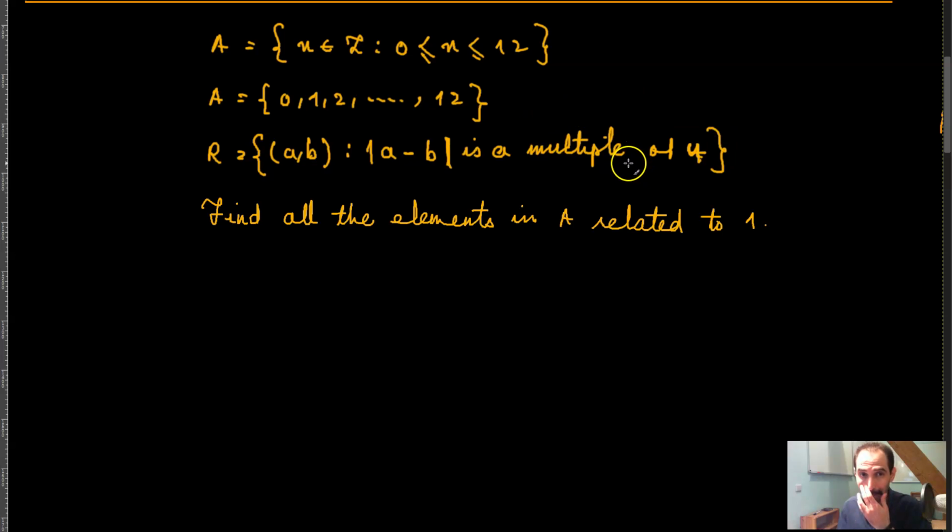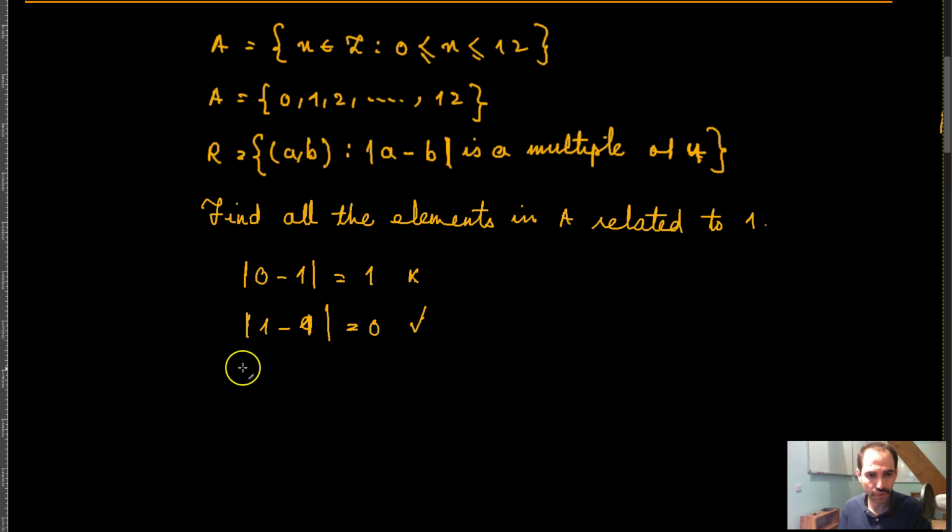So if I go, for example, with 0, the absolute value of 0 minus 1 would be equal to 1, which is not a multiple of 4. If I go with the 1, 1 minus 1 is equal to 0, which is a multiple of 4.